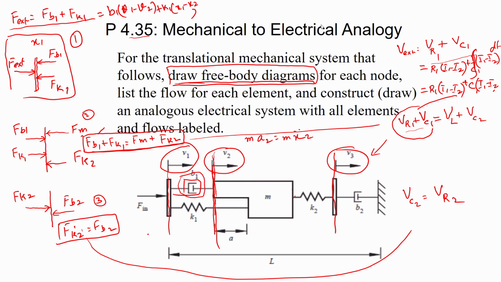That's all. However, FK2 is connected to this one. When we talk about FK2, it is the spring constant. Unless, and you will see some cases like this one, then there is only one node over here, but this is not the case.